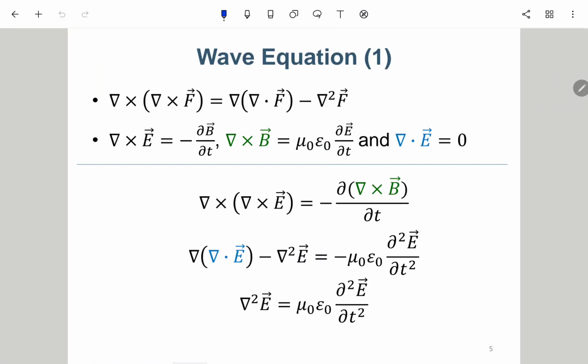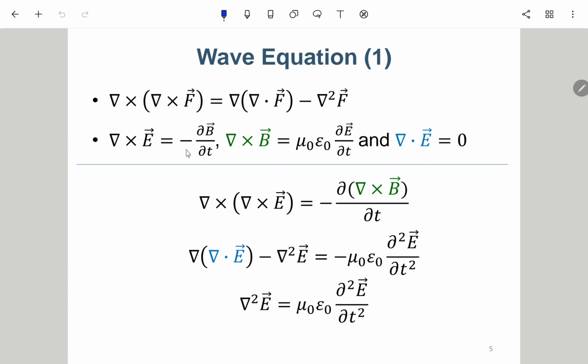Okay. So here we'll try to make use of this curl identity, and then here we will use this one, which is Faraday's law, and then this one is Ampere's law in free space, and then this is Gauss's law in free space.